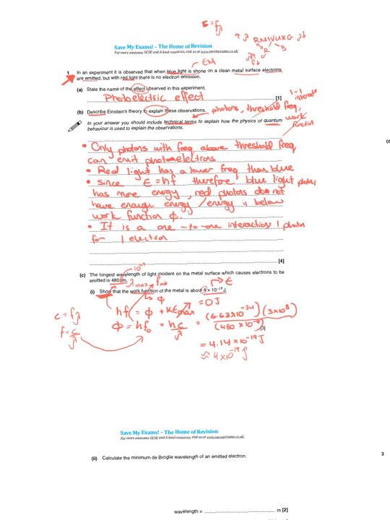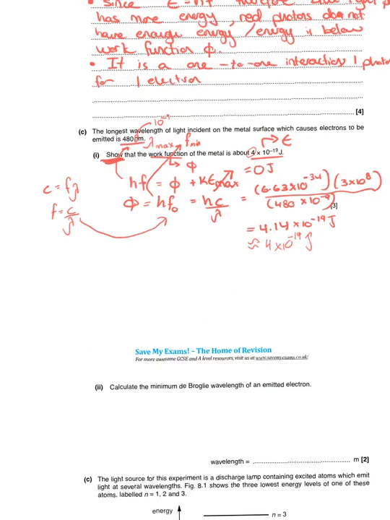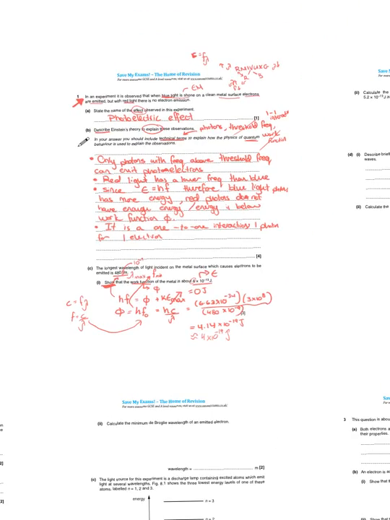There are questions that could ask you to give this in electron volts. If I wanted to, even though this question is not asking that, I'm just going to quickly talk through it. We know that 1 electron volt is equal to 1.6 times 10 to the minus 19 joules.